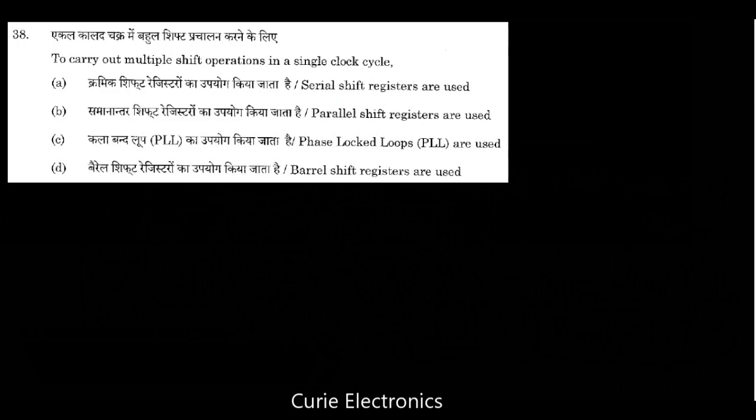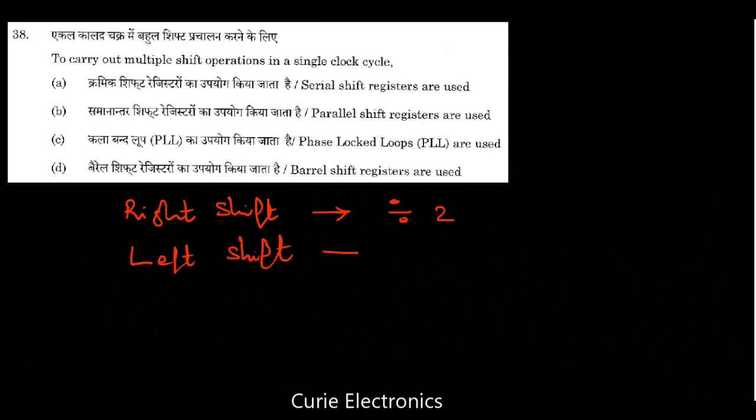To carry out multiple shift operations in a single clock cycle. Now, right shift means what? In the basic microcontrollers, we have right shift. Right shift means dividing by 2. Now what about left shift? Left shift means multiplication by 2.